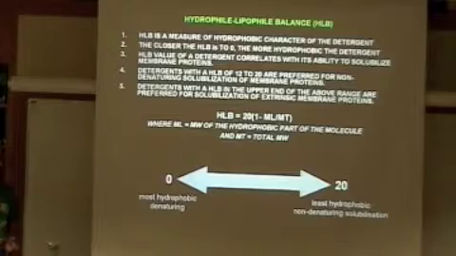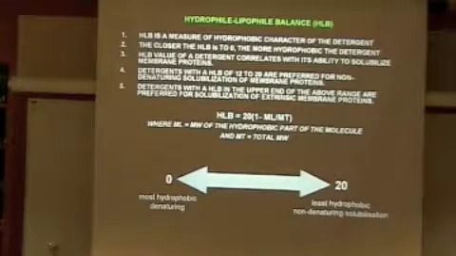Okay, and so the final property that I wanted to touch on is something called the hydrophile-lipophile balance, which is abbreviated to HLB. The HLB is basically a measure of the hydrophobicity of a detergent, or its ability to solubilise a protein away from the membrane. It's usually recorded as a value between 0 and 20, and it's calculated by this formula.